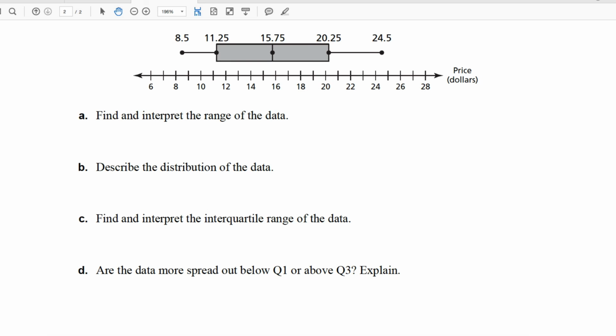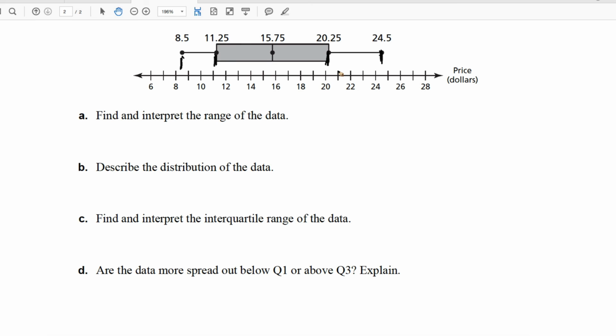Are the data spread out more below Q1 or above Q3? Well, what's the range here? If we look right here, the range between this whisker and Q1 is a certain amount. And then the range between Q3 and the upper whisker is another amount.